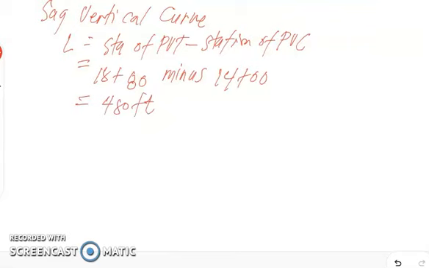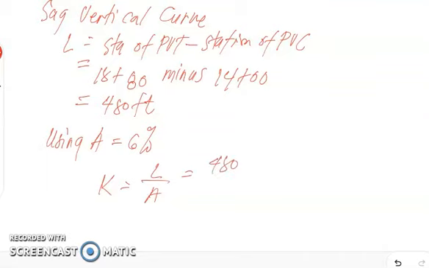So therefore, for our A, which is the difference in elevation, we make use of 6%. Using the 6%, we have our K, which is equal to L all over A. So this gives us 480 all over 6.